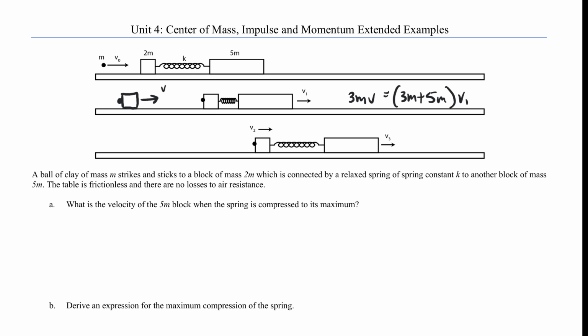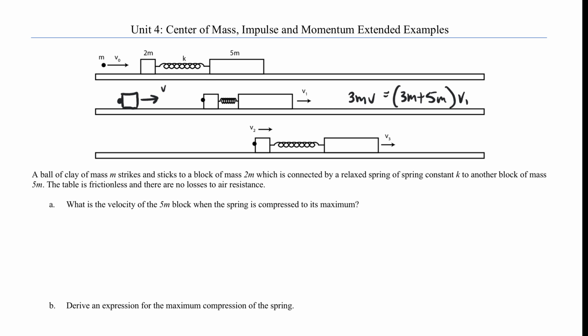This represents the spring being compressed and both blocks being slowed and sped up to the same speed. All okay? Now I could solve that for V1, but that's going to have an answer that has V in it and not V naught in it. So that's not going to be sufficient. I'm going to have to express V in some other terms.